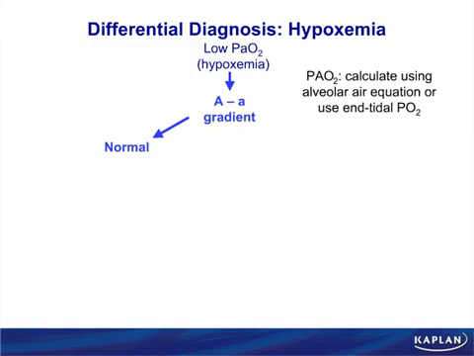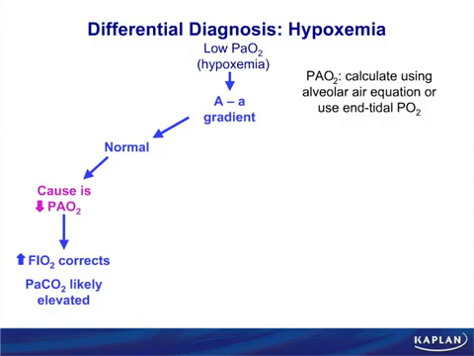If the AA gradient is normal, you have your cause. The cause is low alveolar PO2. Increasing FiO2 will correct it, and for Step 1, PCO2 will likely be elevated because the low alveolar PO2 will be the result of hypoventilation.